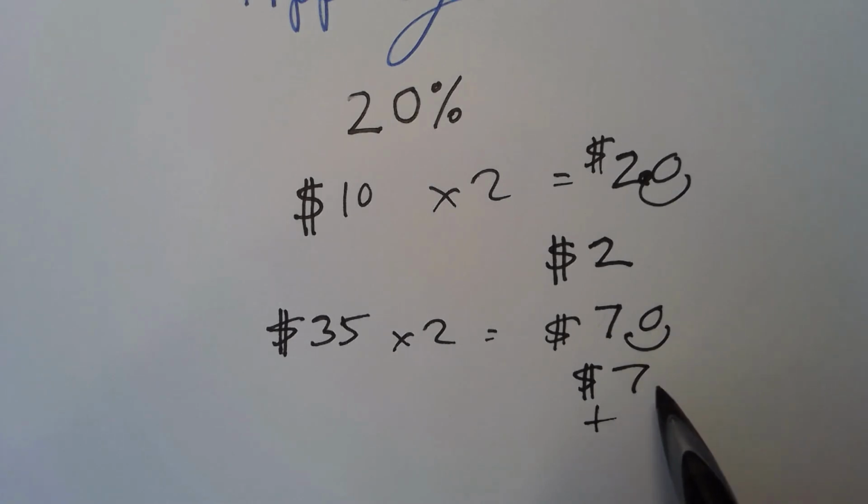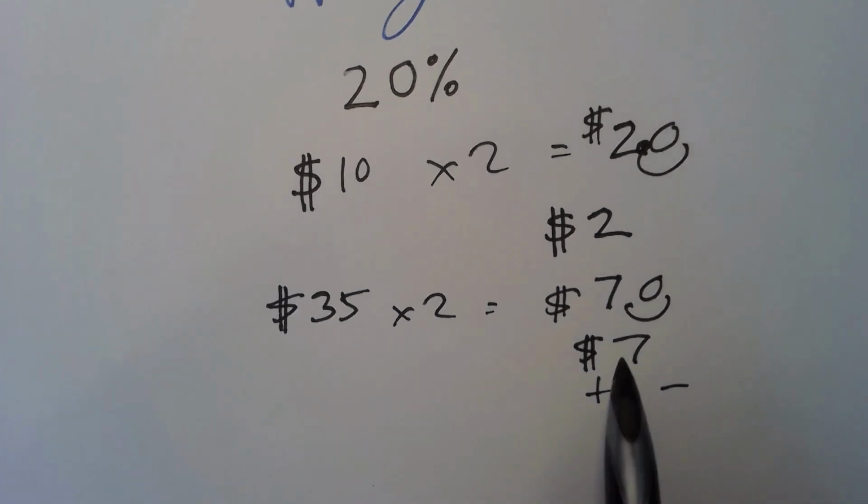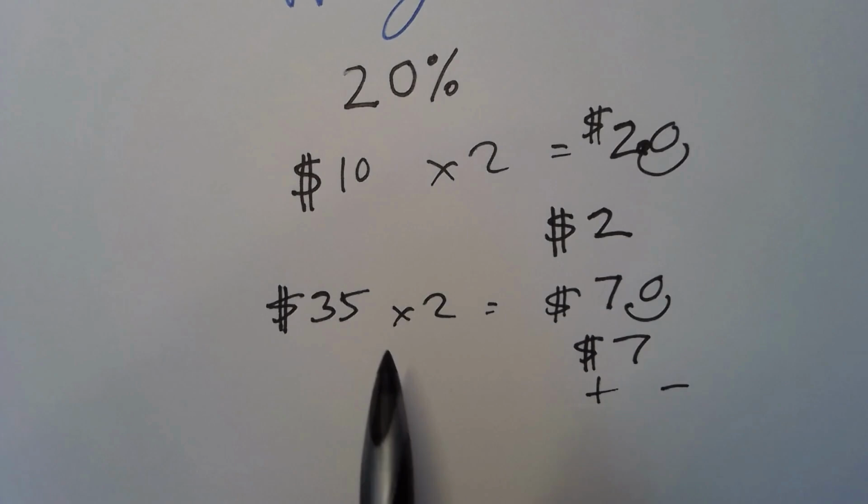But at least I know if I start with $7, I have done at least 20%. Of course, if you feel you've received poor service and you want to tip lower than 20%, you certainly can start with that number and subtract. But again, the easy trick is you're just multiplying the bill by 2.